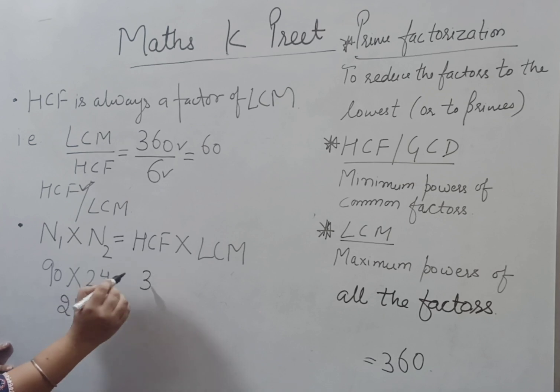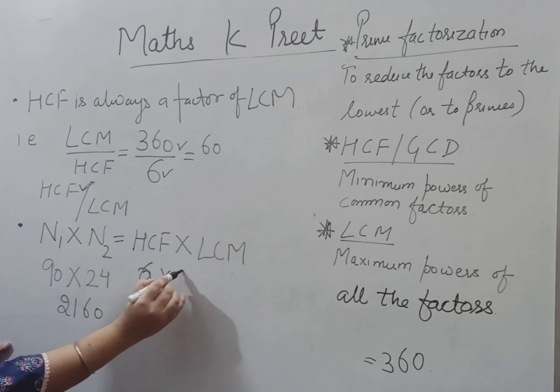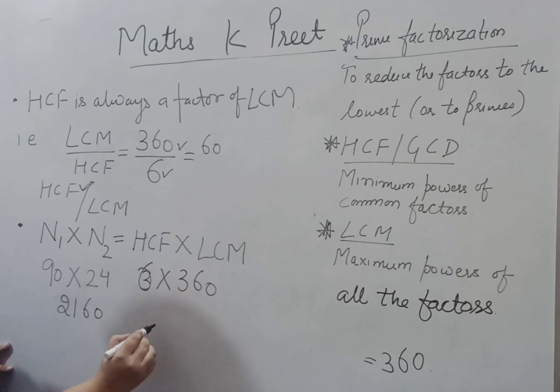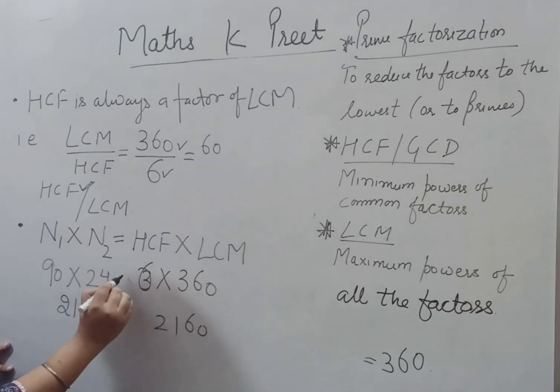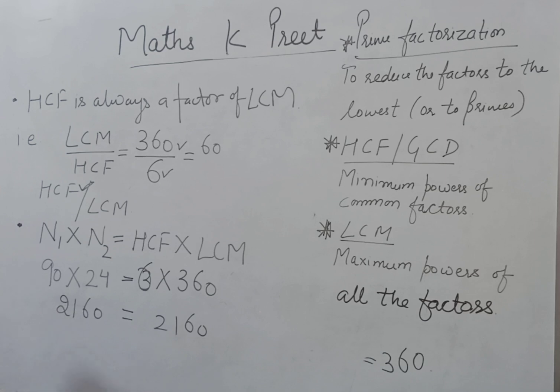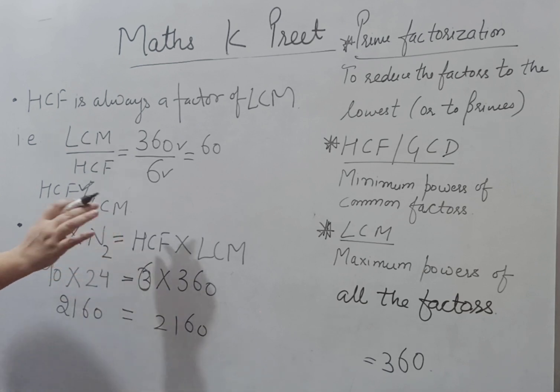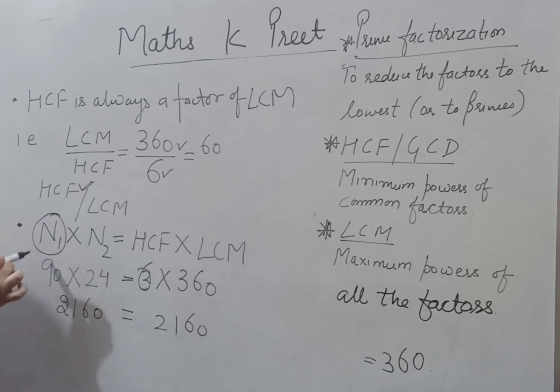The HCF is 6 and the LCM is 360, so clearly it is 2160. So these are equal. When we are checking the LCM and HCF of two numbers, their multiplication will be equal to the product of the numbers. So if we know the two numbers, we can calculate the HCF and LCM. But if we know a single number and the HCF and LCM, we can easily find the second number.